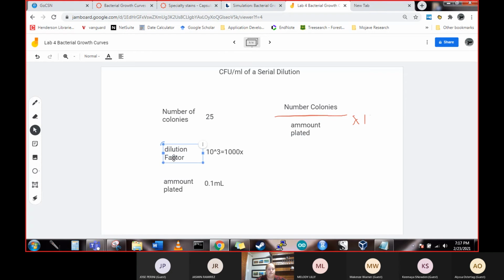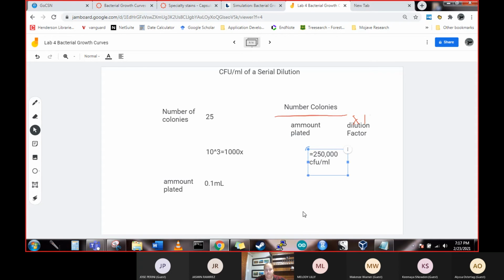Computer not keeping up with me. So by your dilution factor, in this case, this is going to equal 250,000 CFU per.